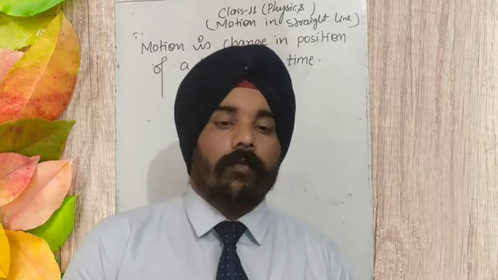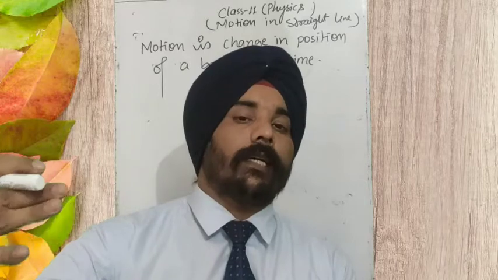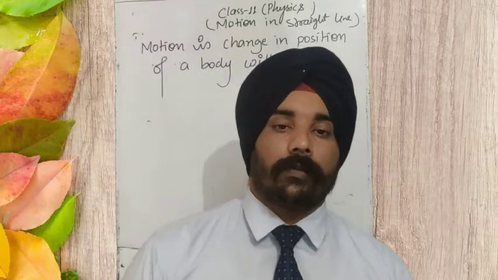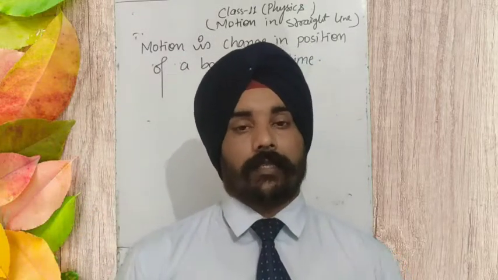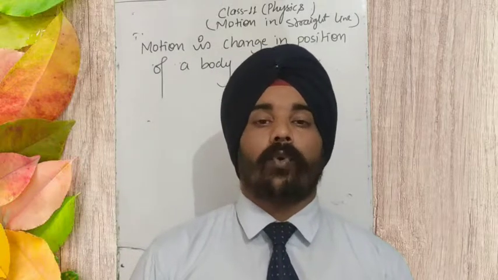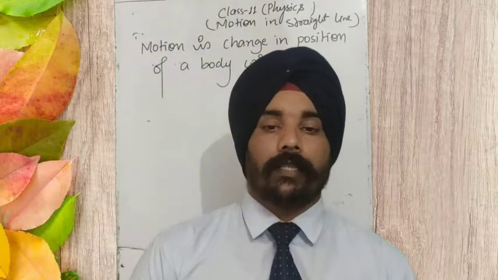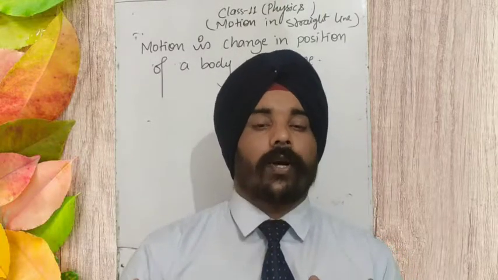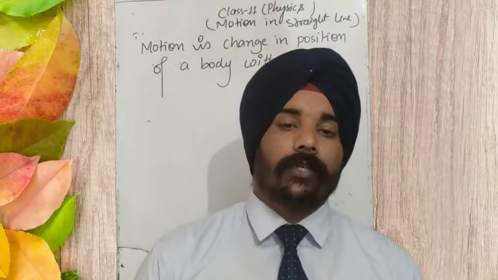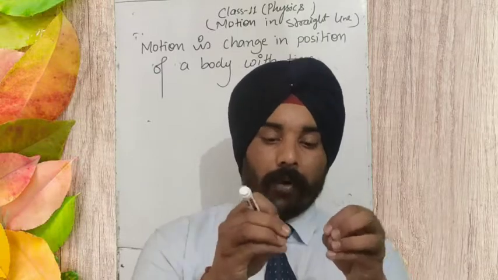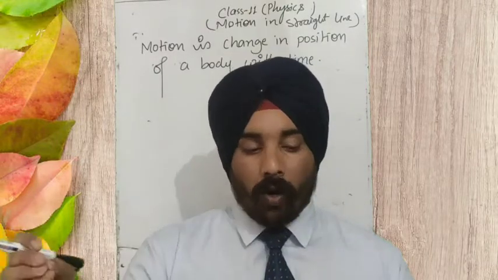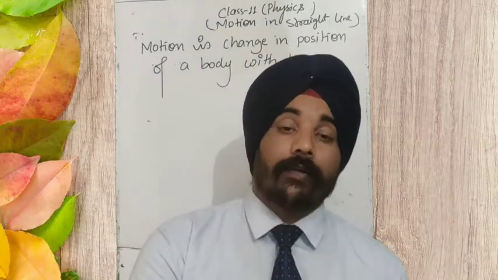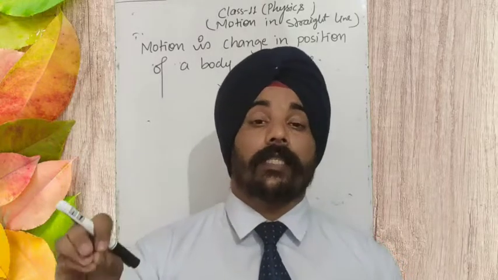Position we have to see with respect to a certain point. To find out the position of any object, we must take some reference. So for reference we are taking a 3 coordinate system, 3 coordinates which are mutually perpendicular to each other: x, y and z. The point of intersection at which they all meet is called the origin, and we take that origin as a reference point.